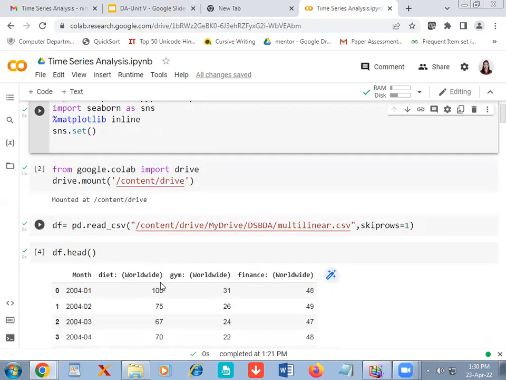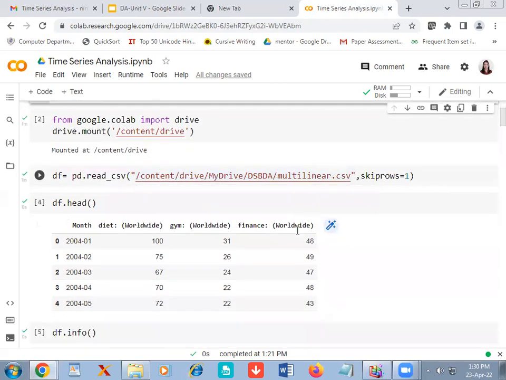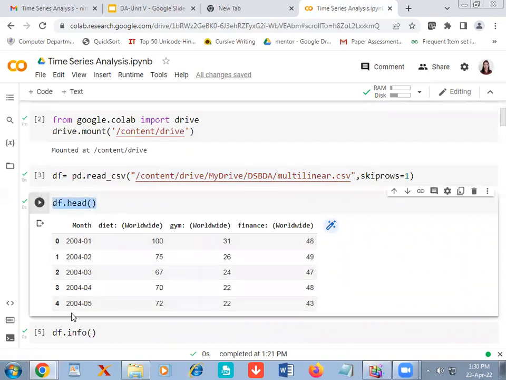Now this is my data set. If we observe the data set, here we have the month. Head means the first five values of your data set, that is 1 2 3 4 5. So the first five values will be like this. Diet 100, gym 31, finance 48.